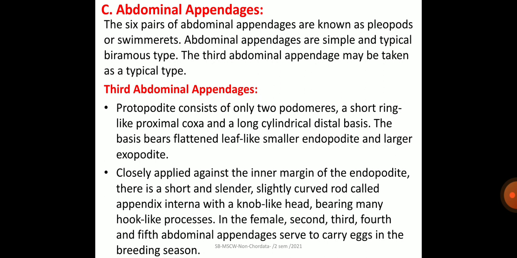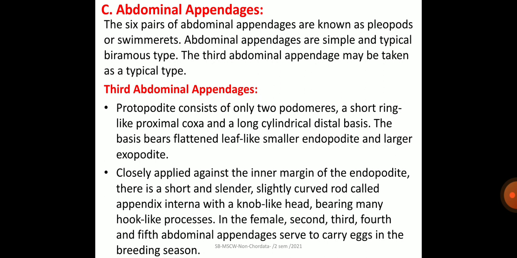In a typical abdominal appendage, like the third, the protopodite consists of a ring-like coxa and a cylindrical basis. The basis bears 2 flattened leaf-like rami or branches, the smaller and inner endopodite and the outer and larger exopodite. From the inner basal margin of the endopodite arises a small rod-like structure called the appendix interna, with a knob-like head bearing numerous hook-like processes.